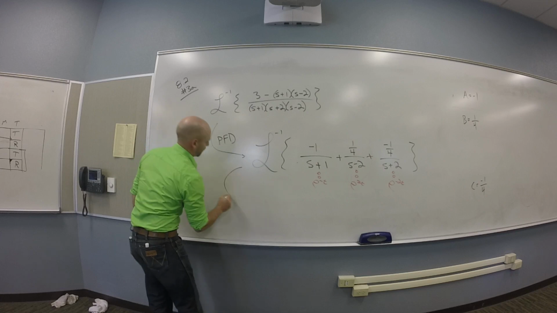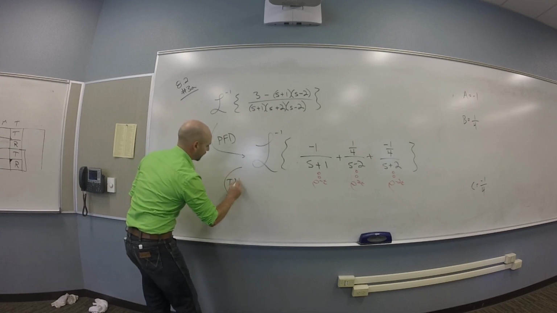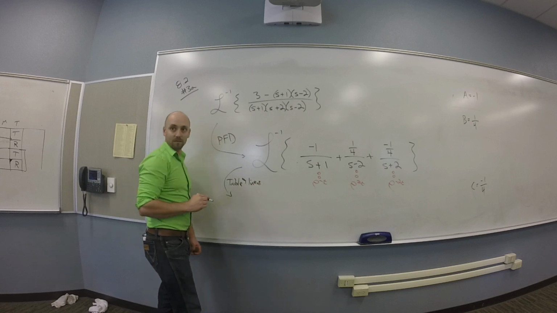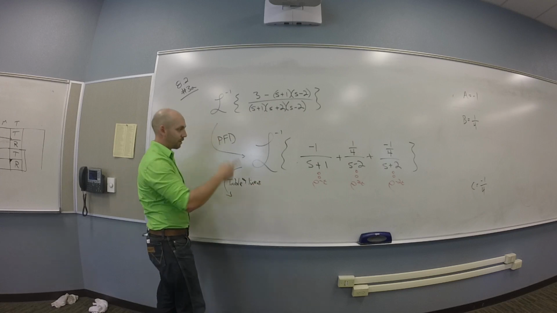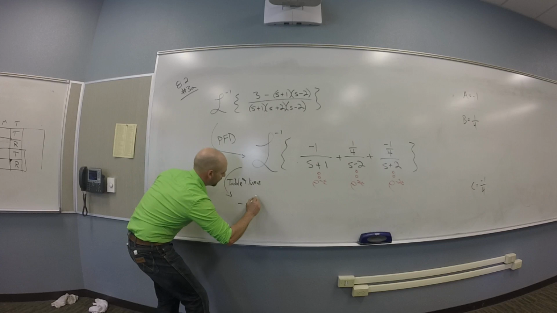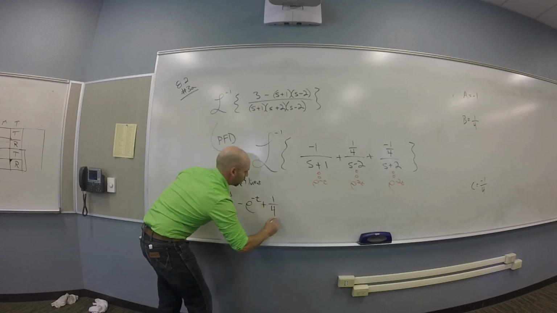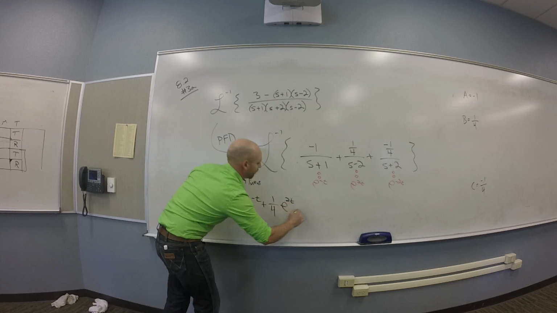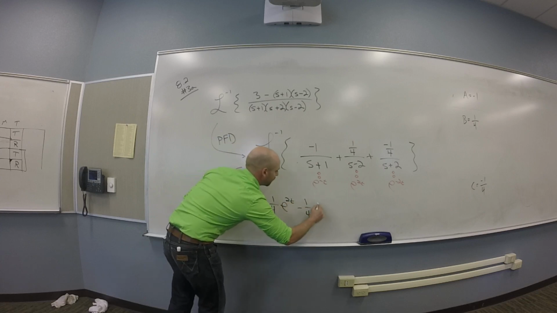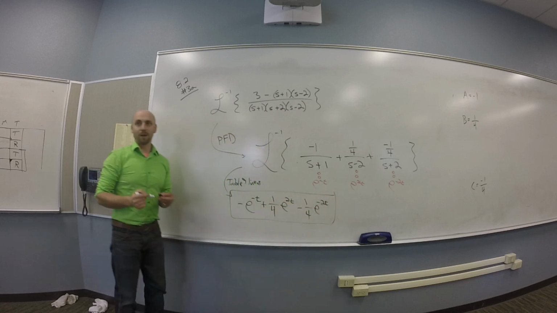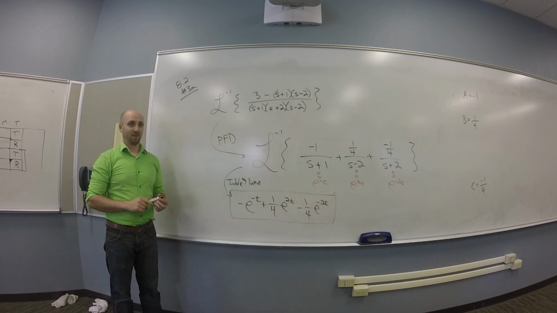And I'm going to slap this with table and linearity, and I'm going to get minus e to the minus t plus a quarter e to the 2t minus a quarter e to the minus 2t. Wham bam.